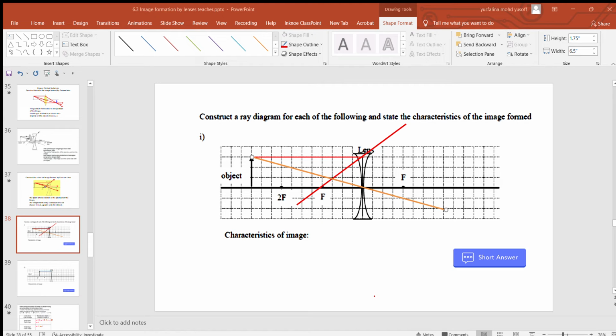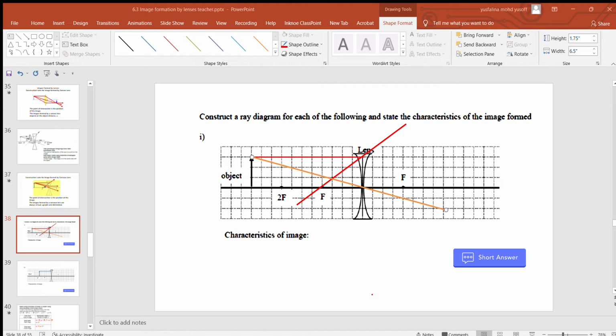As you can see just now, when we did a quick review of the convex lens, the convex lens has 5 cases, which means it depends on the object distance. Every object distance will produce a different characteristic of image.